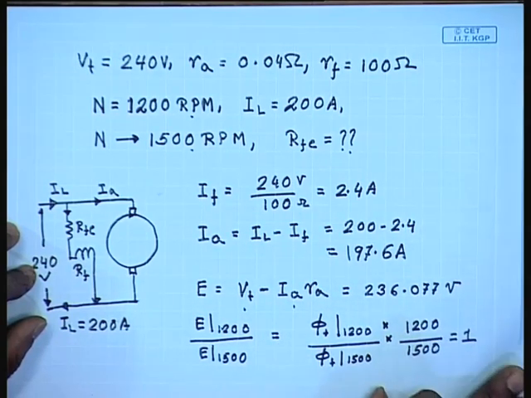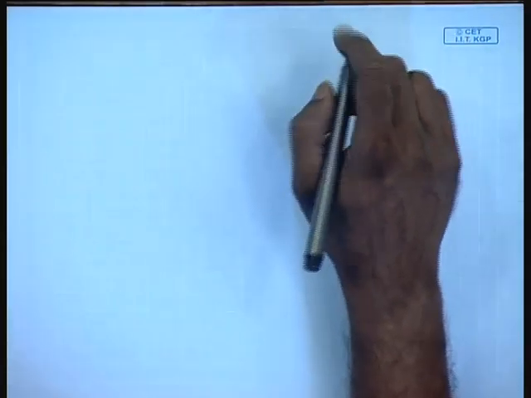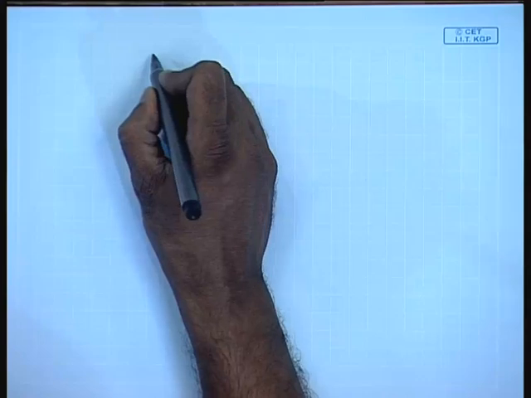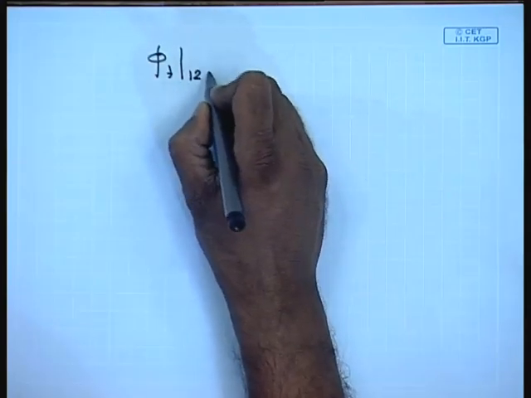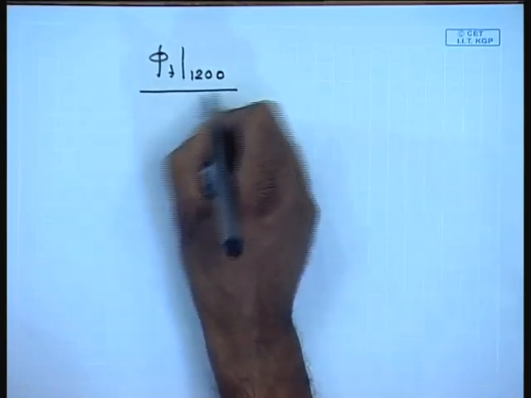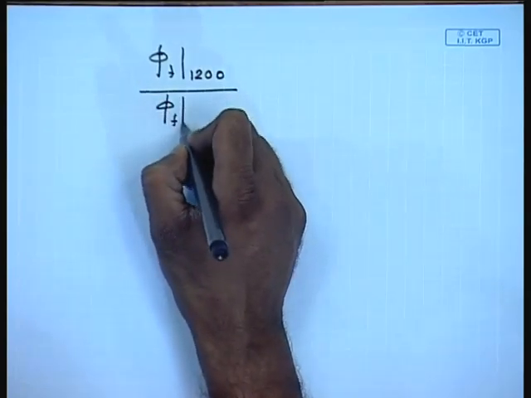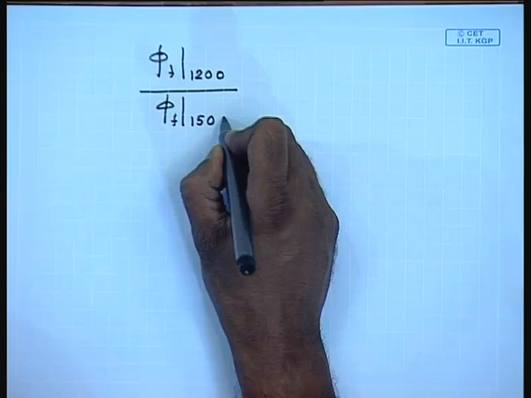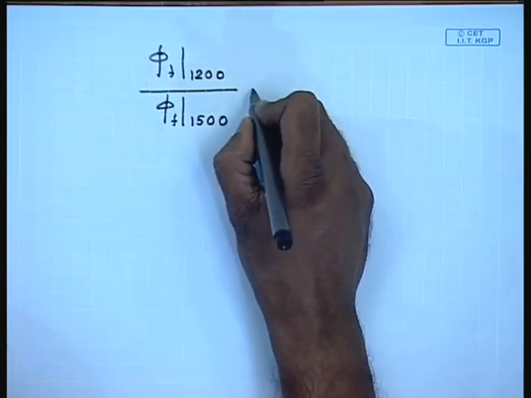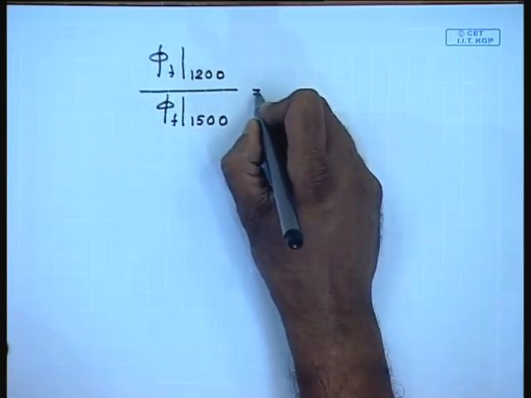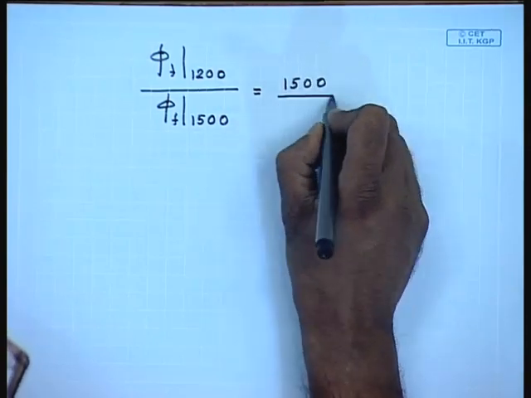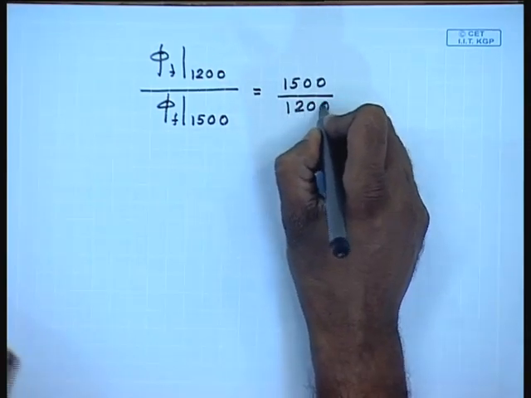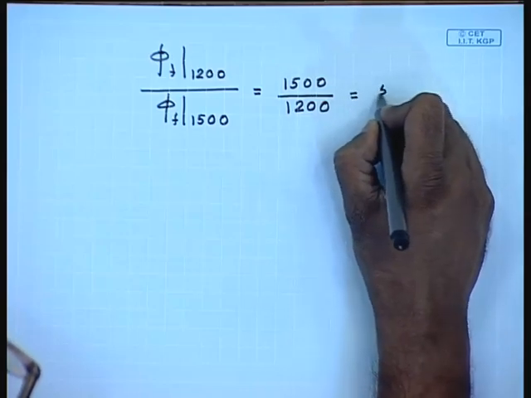So, this is equal to 1. Hence, field flux at 1200 rpm divided by field flux at 1500 rpm is equal to 1500 by 1200 is equal to 5 by 4.